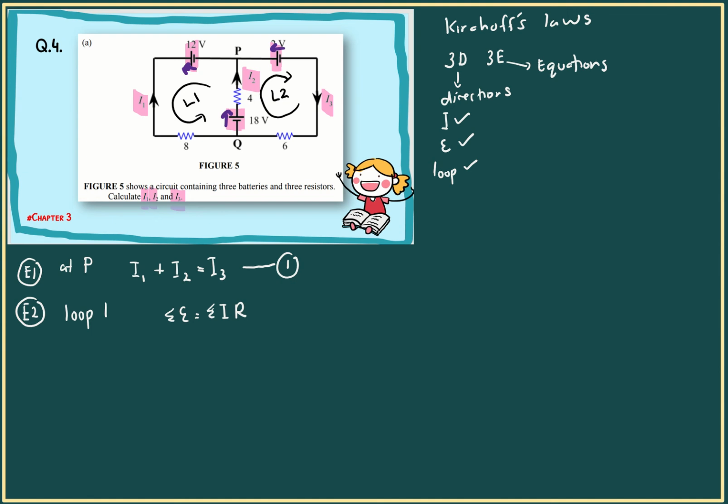For the first EMF, the 12 volt EMF, the direction of the loop and the direction of the EMF is the same, so it's positive.